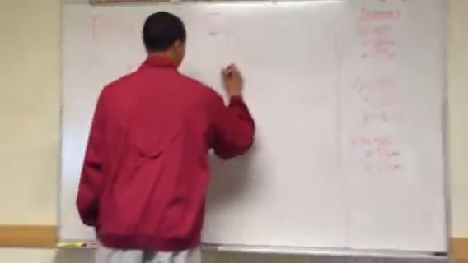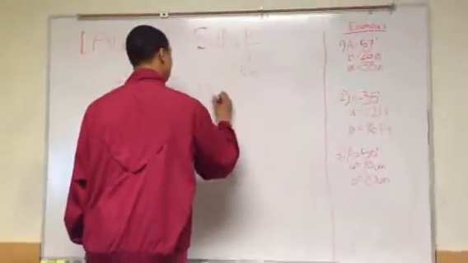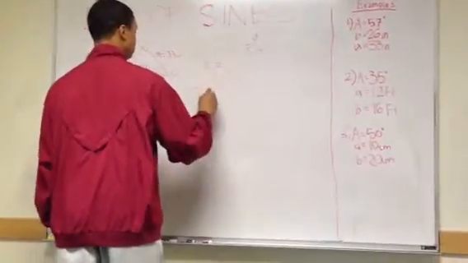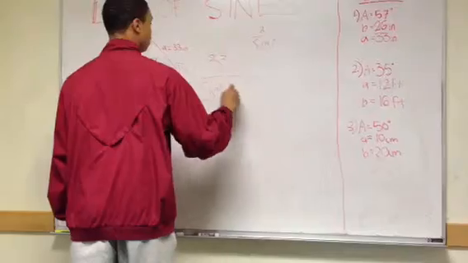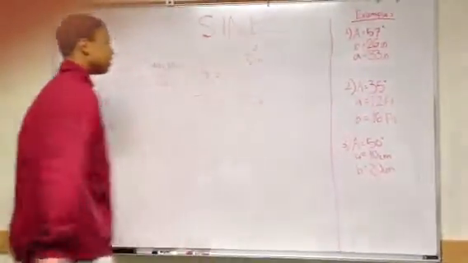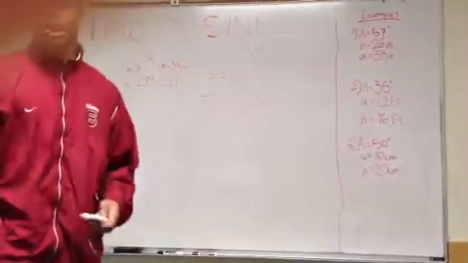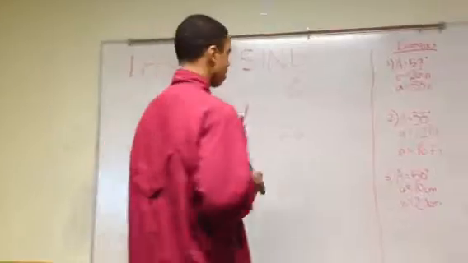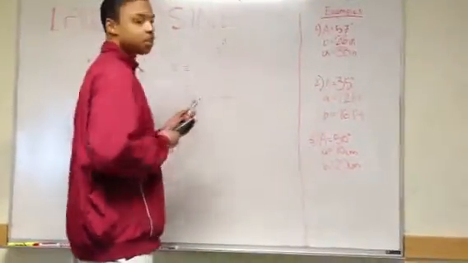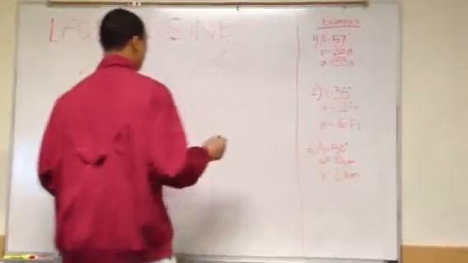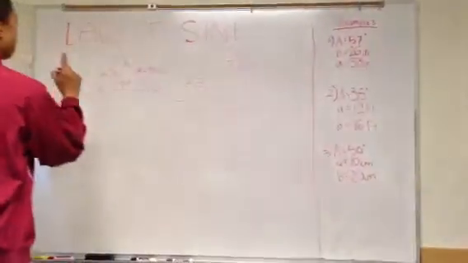A is 33 inches over sine A, 57 degrees. Now, if you get your handy-dandy calculators out, you should have them ready, because the next step, we will find B.